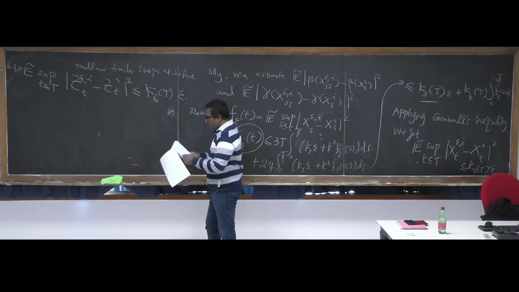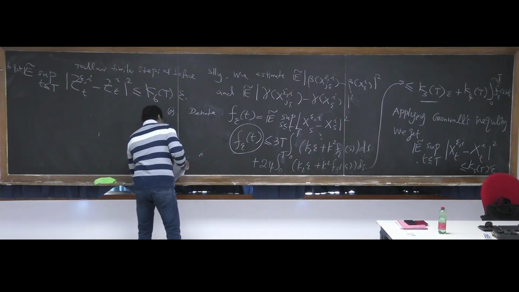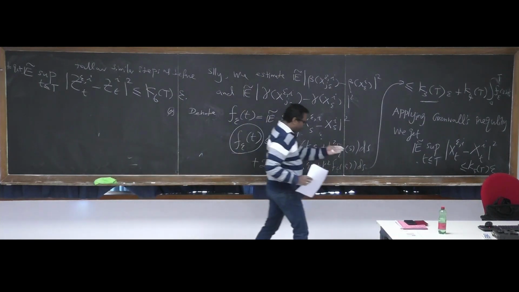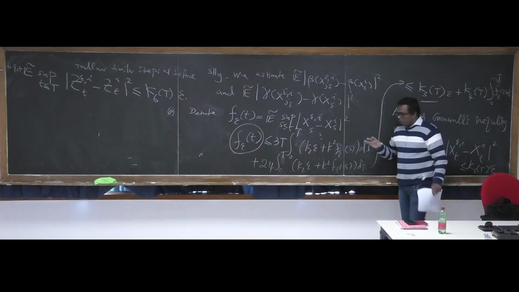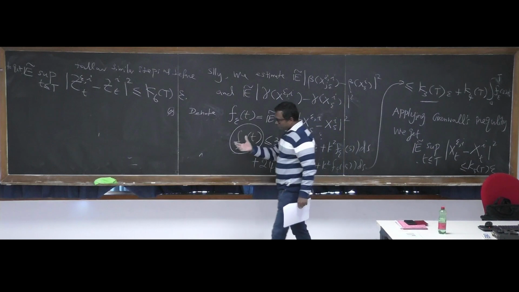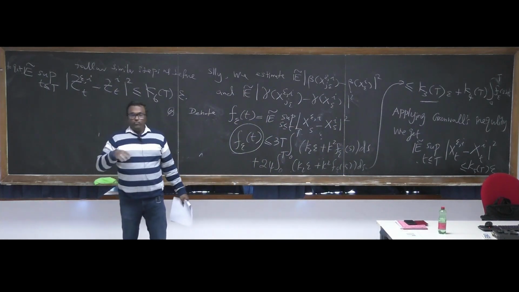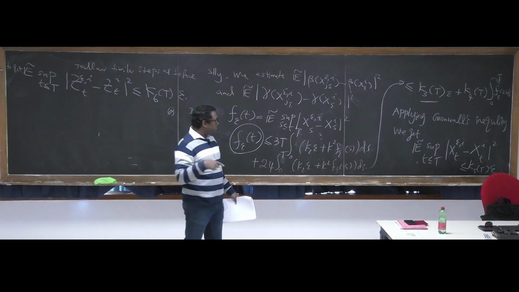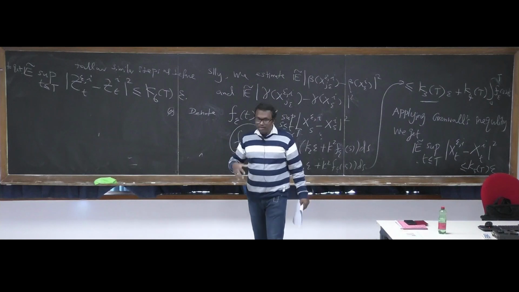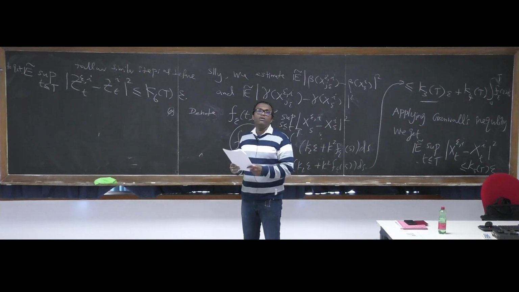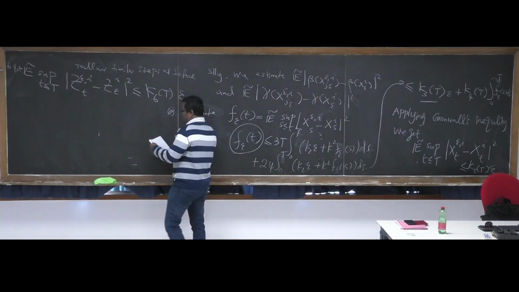Right. Now we are in a position to obtain the error bound for the empirical measure associated with the finite interacting particle system and the empirical measure associated with the discretized version of the finite interacting particle system.